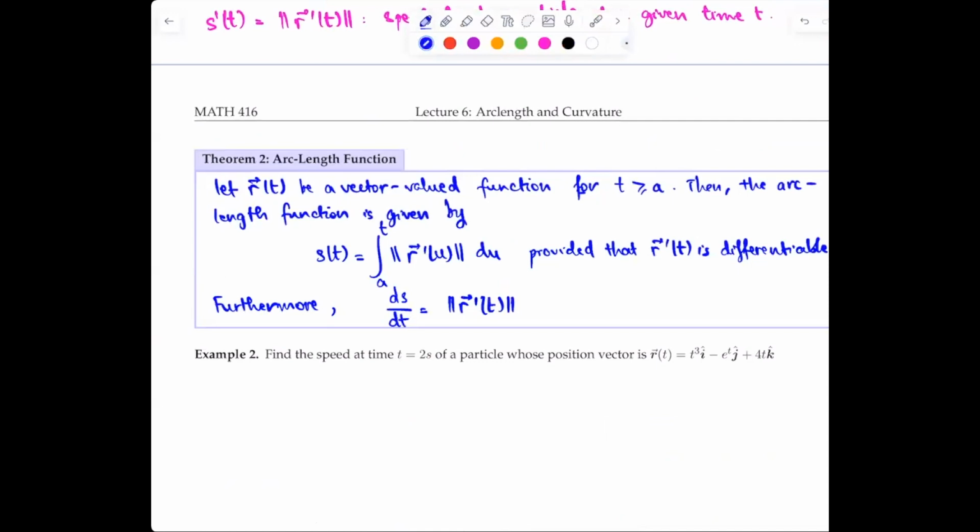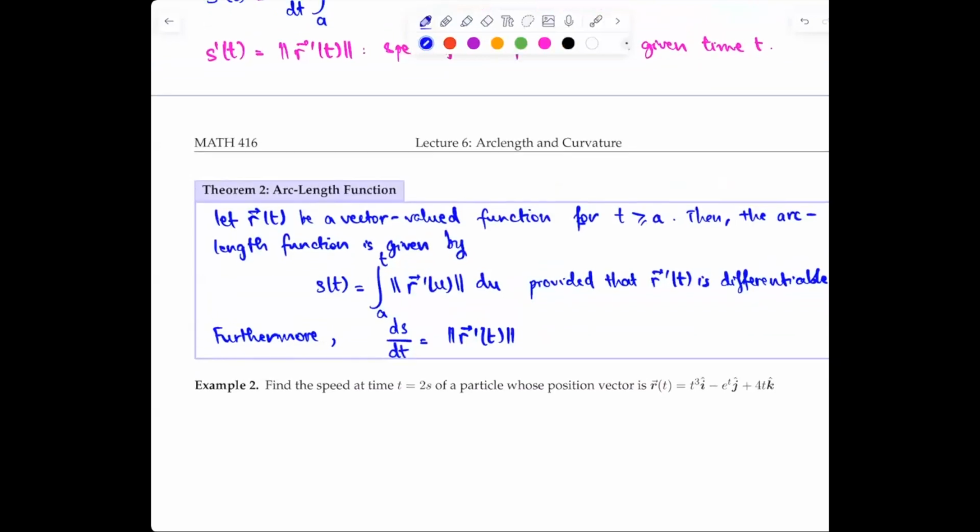I will come back to this particular form in the next lecture. So we'll come back to this theorem later on in the course. Any questions?